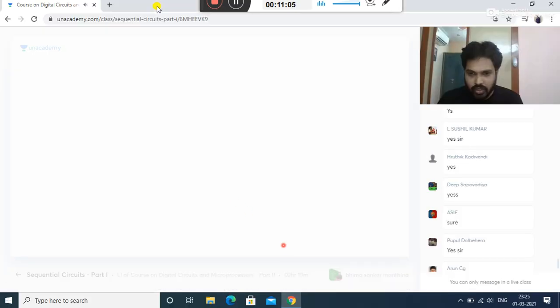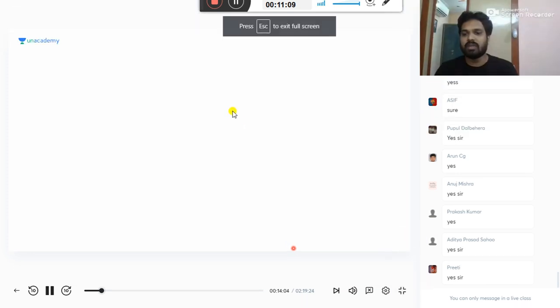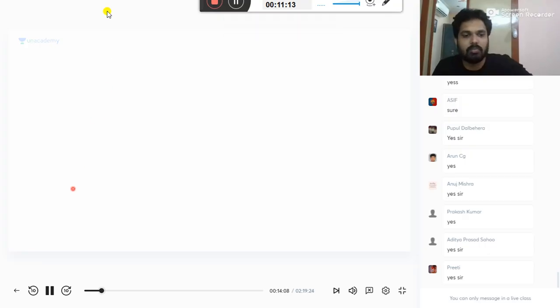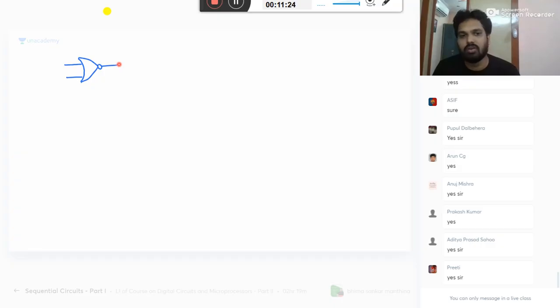So as I promised you, when I discuss the sequential circuits, I will give you a very basic feel. Let's see how basic we'll be able to discuss here. Now, please listen. I will discuss from this basic onwards. What is a NOR gate? For a NOR gate, if you apply one of the inputs as 0, the other input can be anything.